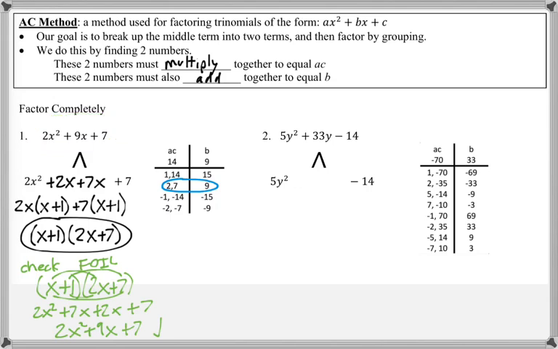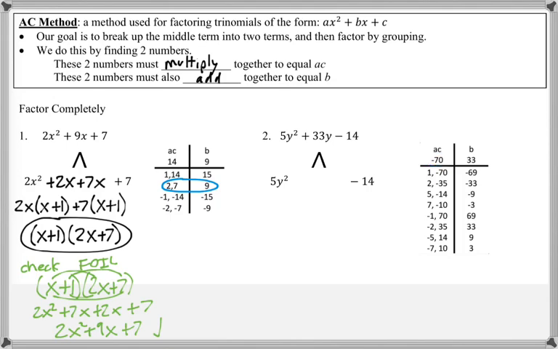Okay, let's look at number 2. So my AC, when you multiply 5 times negative 14, you get negative 70. And then B is 33. So they already have the pairs of numbers listed out here. Again, in the future, we're going to have to come up with those numbers ourselves. So these are all the pairs of numbers that multiply together to give you negative 70.